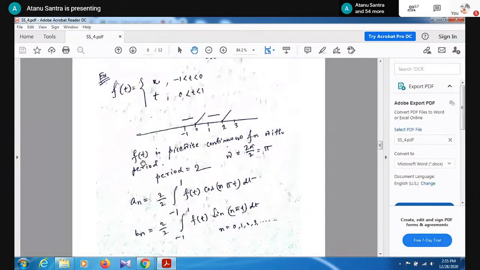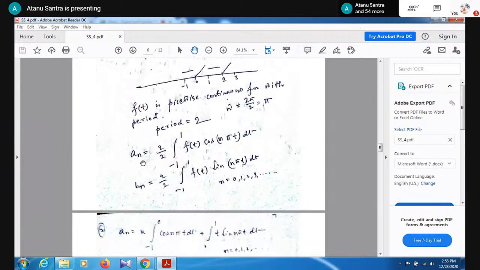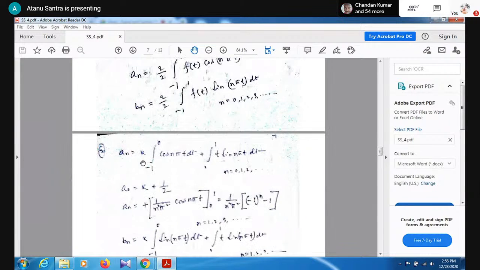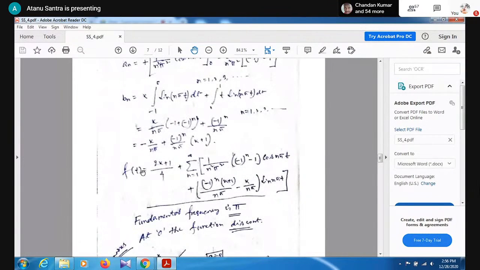And we found the Fourier series expansion, the an and bn. Then finally we came to the simple formulation of the Fourier series.